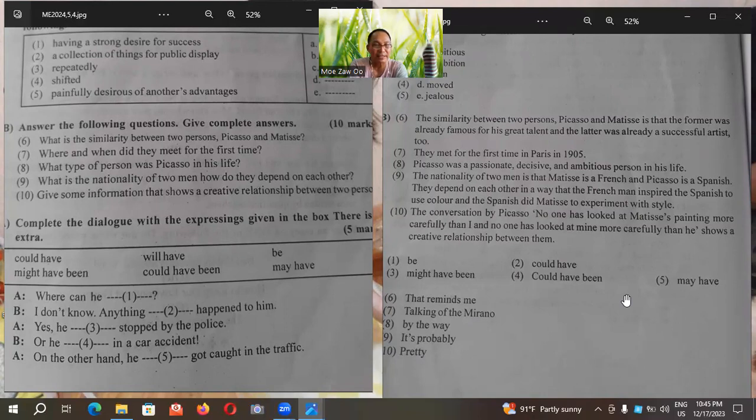Yes, he might have been stopped by the police, or he could have been in a car accident! On the other hand, he may have got caught in the traffic.